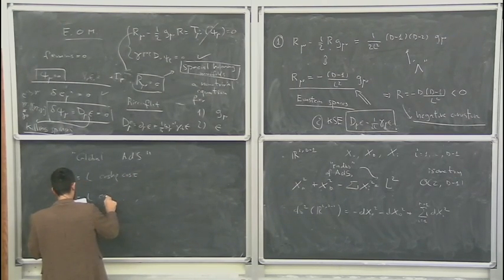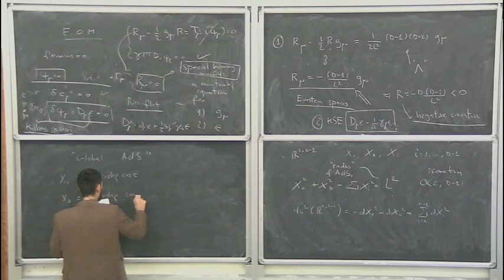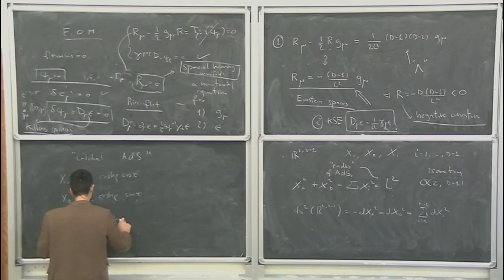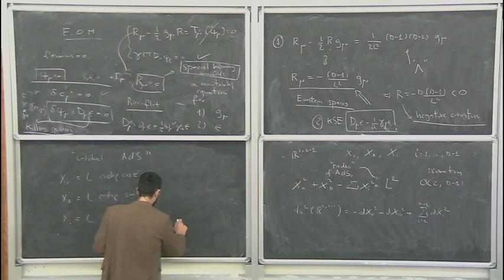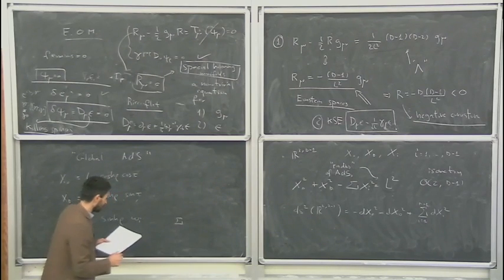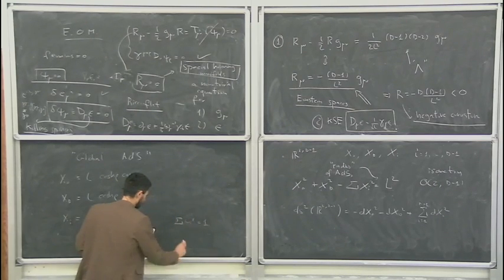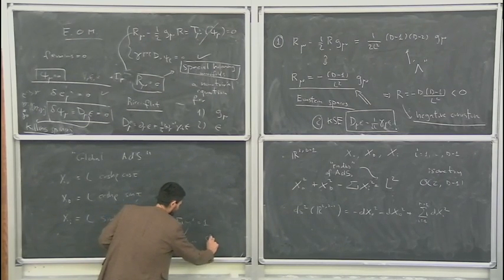This has a cosine hyperbolic of coordinate rho, sine of tau, and this has sine hyperbolic of rho, and then some omega i, where the omega i's are exactly the polar coordinates on a sphere, actually a sphere of radius 1. So these are coordinates on S^(d-2).